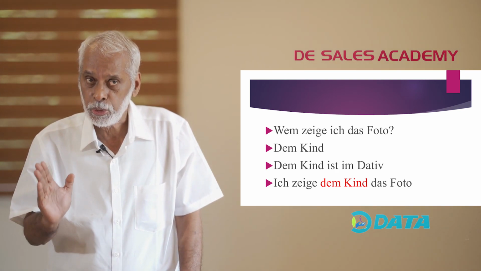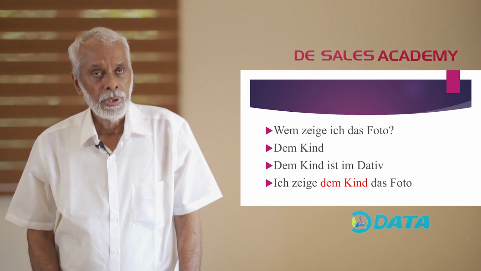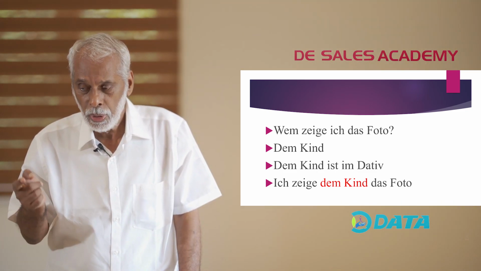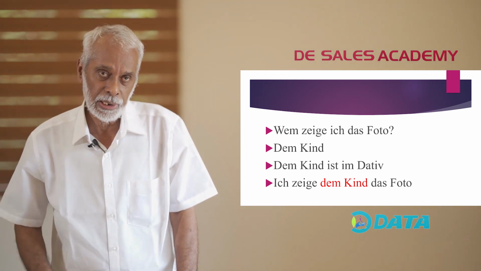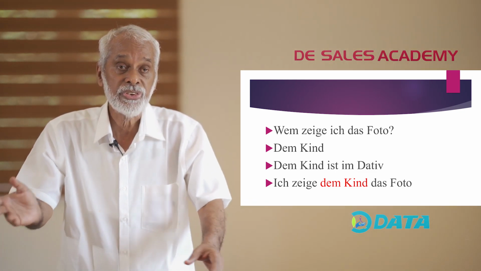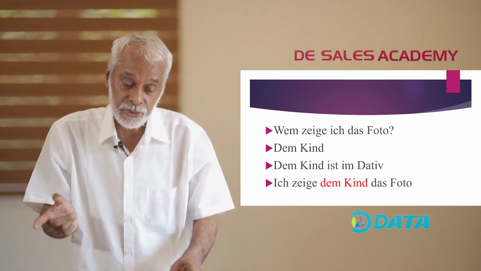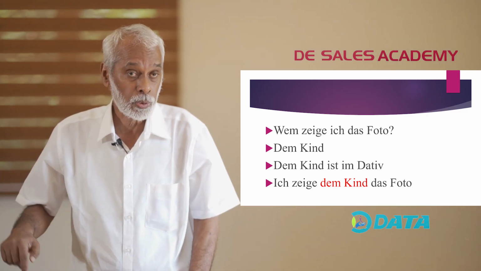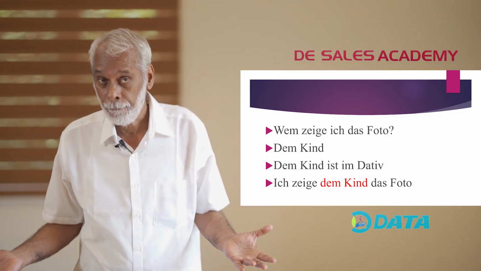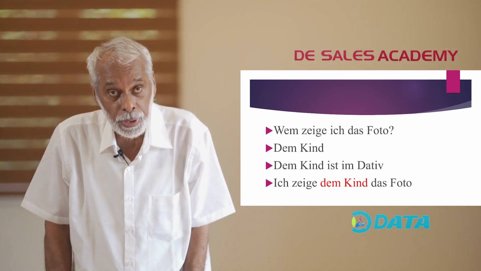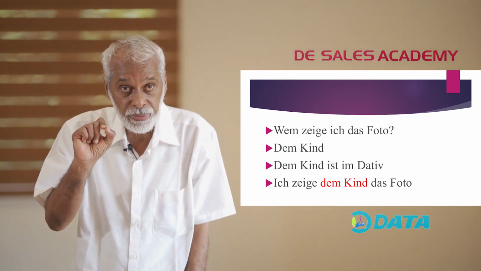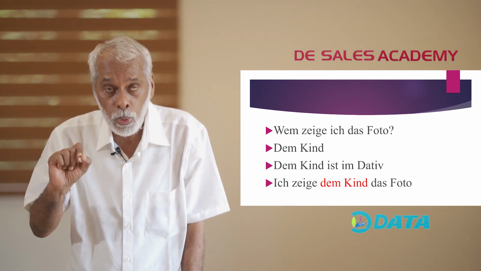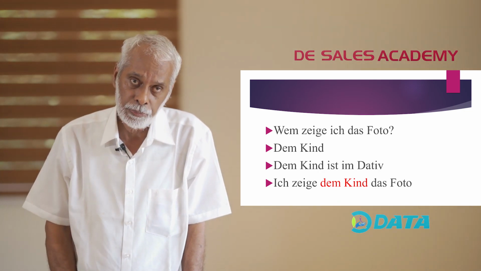At this juncture, you should be very careful. In English, this sentence will be, I show the photo to the child. But in German, it is just the opposite way. I show to the child the photo. You might think, is it very important? Yes, it is very, very important that you specify the dative noun and then only the accusative noun.